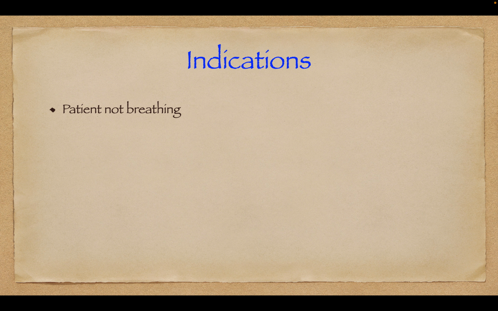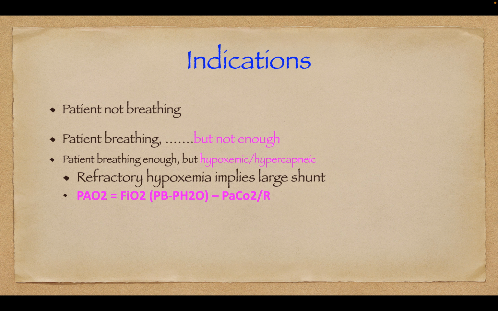As far as indications are concerned, we put the patient on a ventilator when the patient is not breathing, or when he is breathing but not enough, especially in scenarios like hypoxemia and hypercapnia, where there is a refractory hypoxemia which implies a larger shunt.